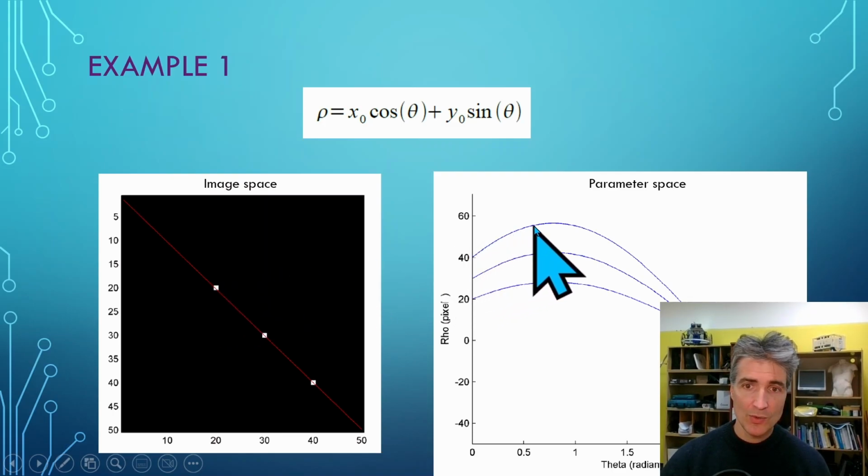So we have 3 points, we draw 3 curves, and where the curves are intersecting, there is the setting of parameters that are suitable for a line that goes through all 3 of these points. And by simply clicking on the image and reading out what the combination is, we can put it back into the formula and calculate the line and draw it.